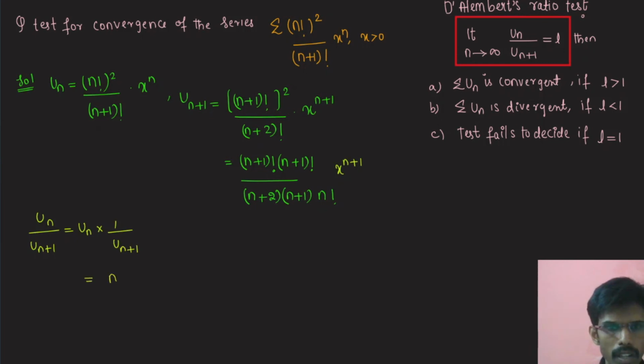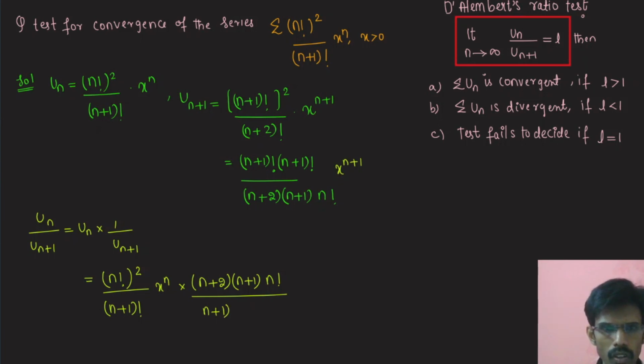So this will become n factorial square by n plus 1 factorial x power of n, into the reciprocal of un plus 1, that is n plus 2 into n plus 1 into n factorial upon n plus 1 factorial square into x power of n into x power of 1.